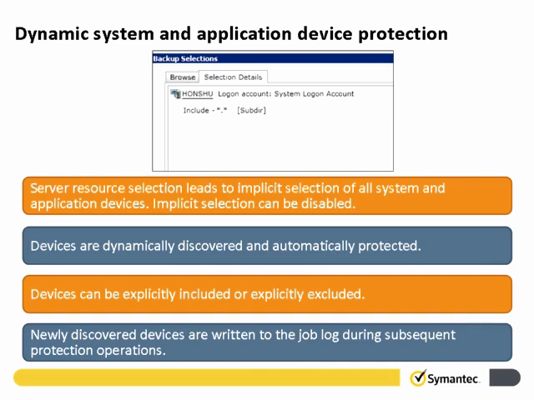And so if we were to look at the selection details screen, it says include star.star. So devices and volumes are dynamically discovered, automatically protected at runtime. And then you can explicitly include or exclude them, like the example I gave earlier of unchecking the recycler. But what that does is it allows us to continue to protect the entire server.